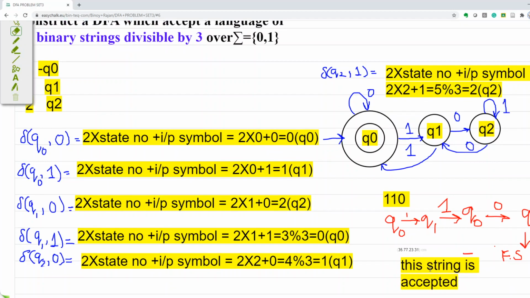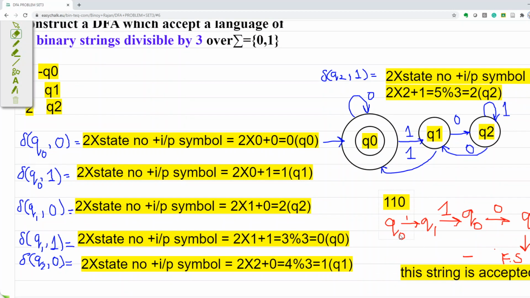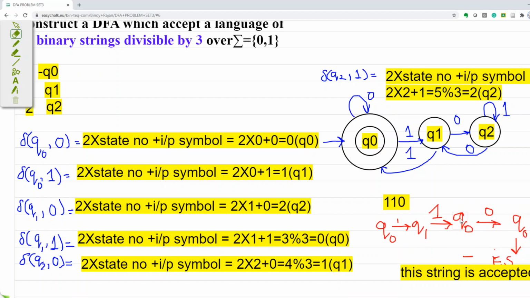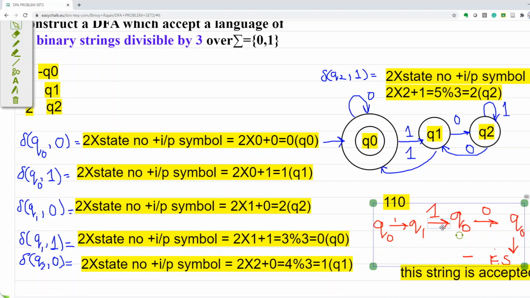Q0 with 1 I reached Q1, Q1 with 1 I reached Q0, and with 0 I reached Q0, the final state.